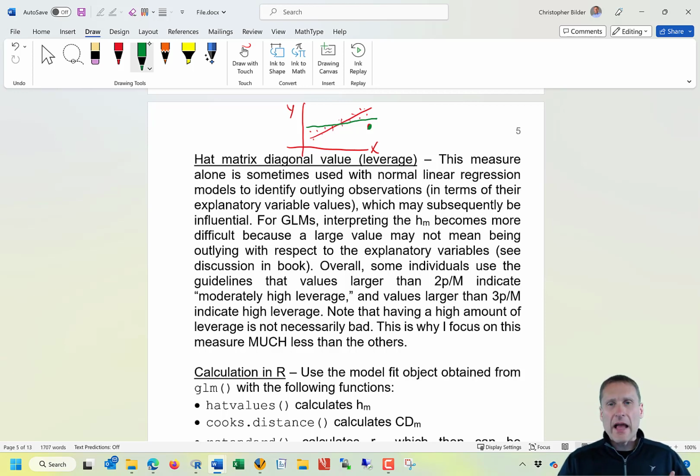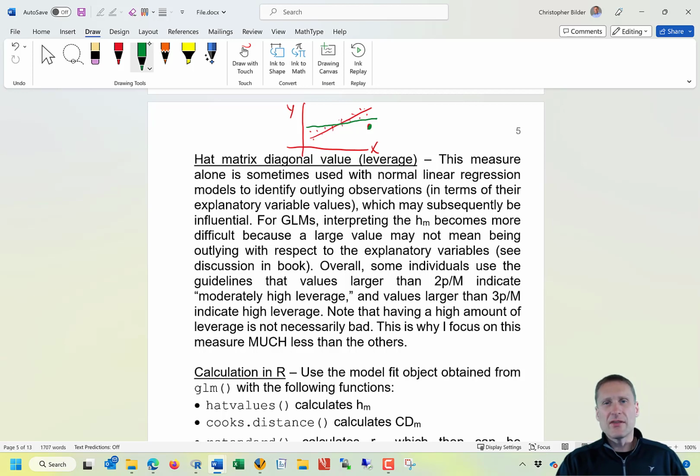However, unfortunately, these measures don't work out as well with generalized linear models as they do with just the normal linear regression case. And so because of that, I rarely will ever look at that.